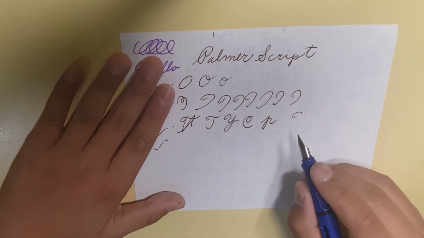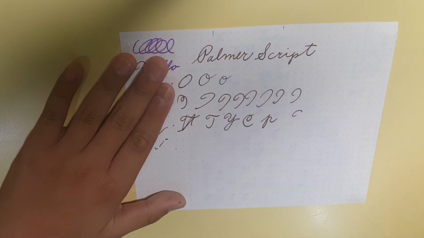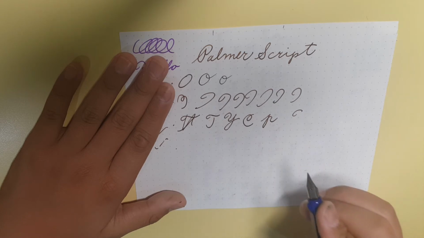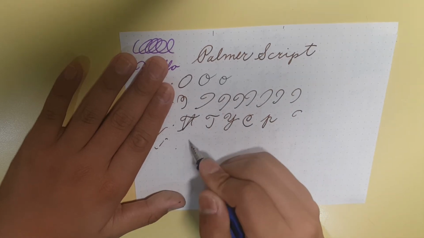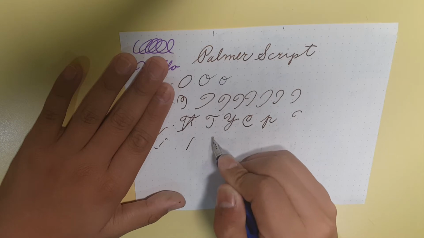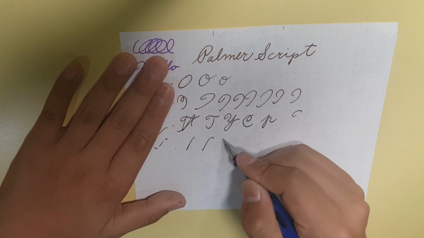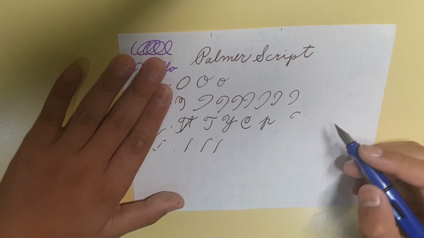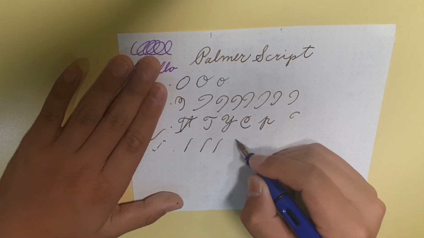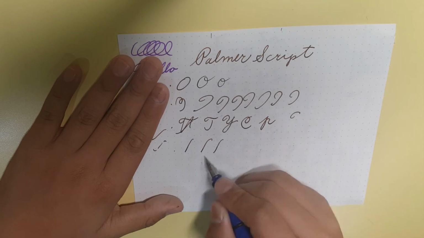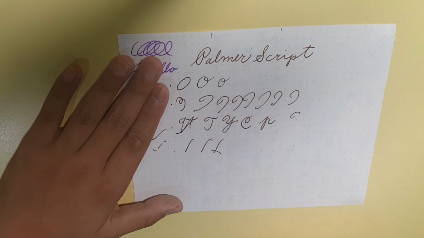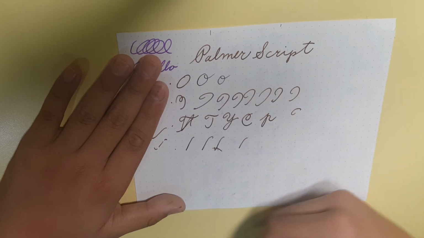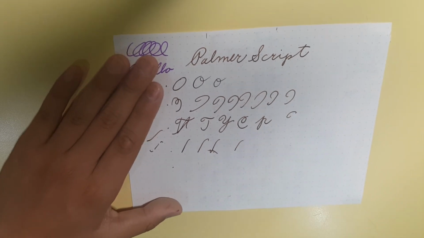So the compound curve in Palmer script is going to look something like this. It's basically you take the elegant compound curve and you just chop off the end. You just get rid of that, and you have your Palmer script compound curve.